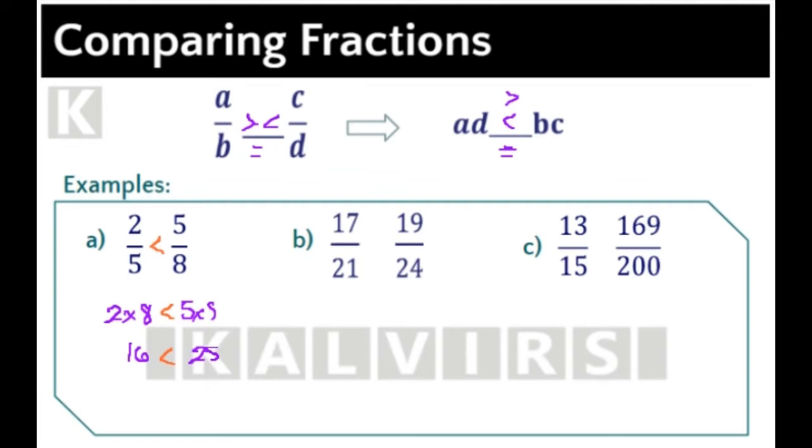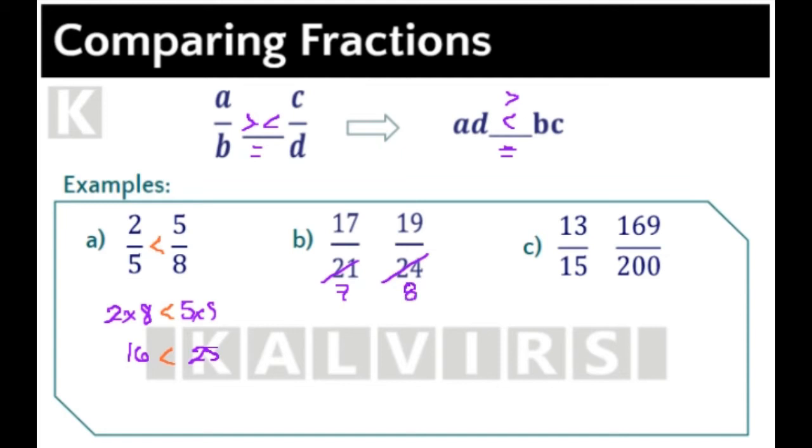In the next example, we want to compare 17 over 21 and 19 over 24. What will be the result? Which one is greater? First, we need to simplify both, dividing the denominators by 3. So we have 17 over 7 and 19 over 8.